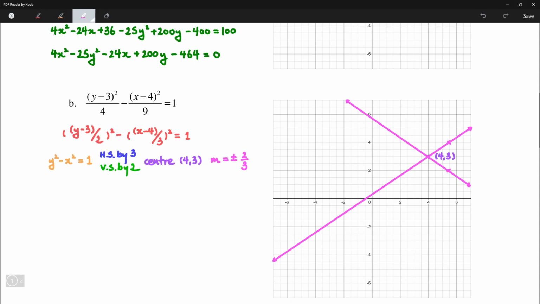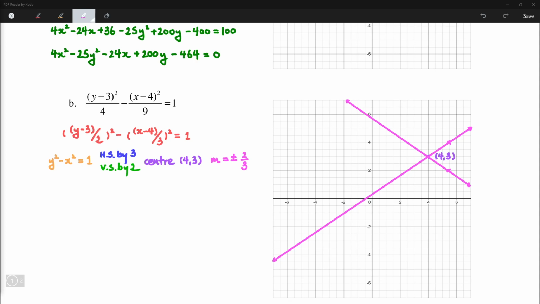Next are the vertices. Since this is a y squared minus x squared equal to 1 hyperbola, the two vertices will be above or below the center. Usually it will be one space above and one space below.